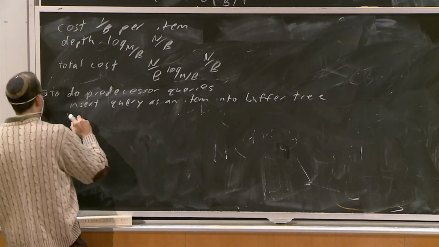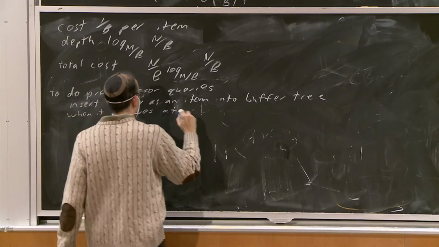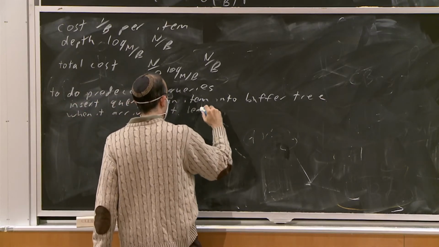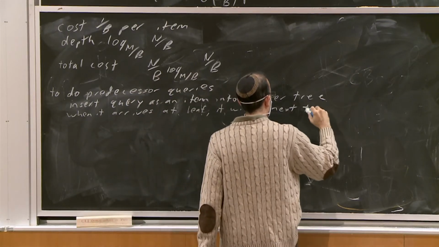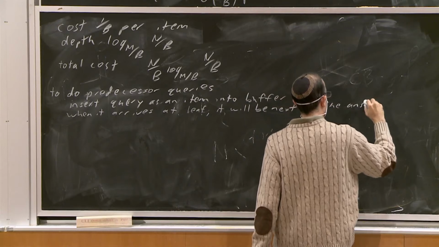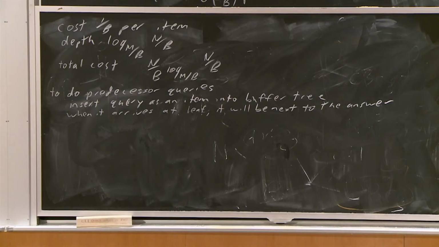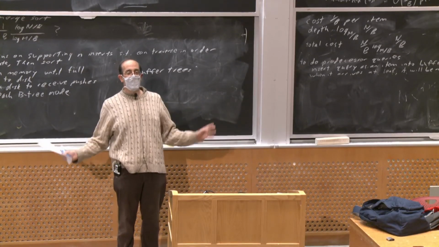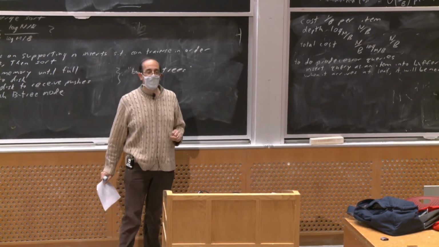And we claim that when it arrives at a leaf, it will be next to the answer. And so that's how we do queries in this data structure. We insert them, and eventually they get answered, right? Because eventually that item gets pushed down to the leaf, and at that point it's next to the correct answer.